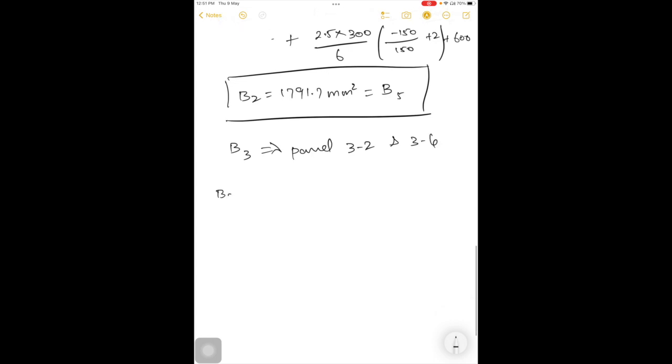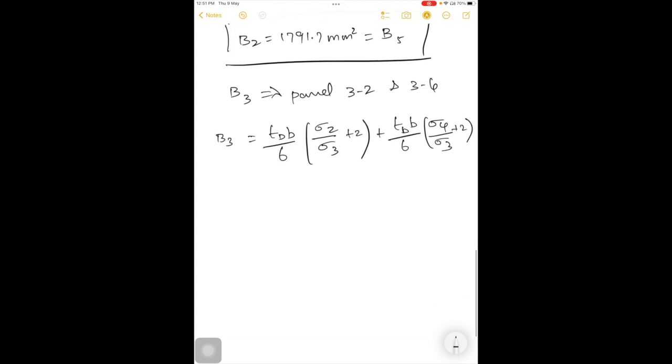So B3 equal to thickness into breadth divided by 6 and denominator sigma 3 and numerator sigma 2, plus 2, plus thickness of the 3 4 panel and breadth of the 3 4 panel divided by 6 into sigma 4 divided by sigma 3, plus 2.